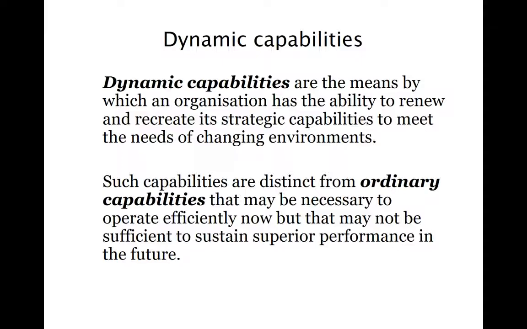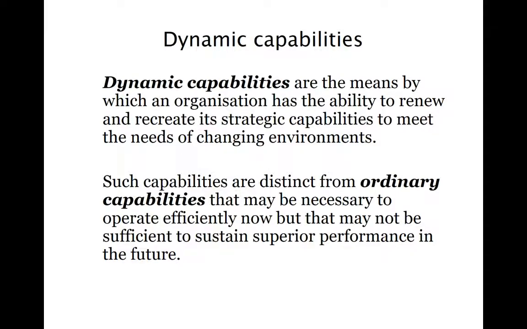And firms differ in terms of this type of dynamic capability. Some companies have a higher level of dynamic capability than others. Google could provide an example of a company which may have significant dynamic capabilities.